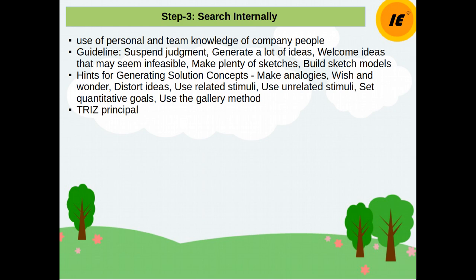Then you can always invoke this kind of idea, okay, let's apply the TRIZ principle or TRIZ methodology, and then depending on that, how I can solve it, etc. So that's about step 3.